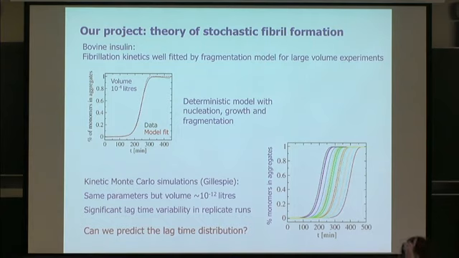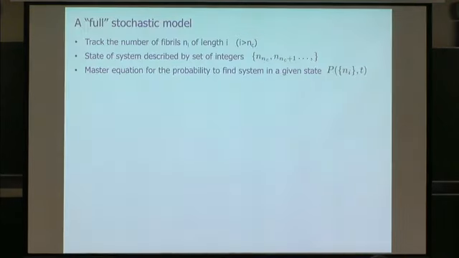So the question then is, can we predict the distribution of these lag times? So the first thing you could do is you could write down a stochastic version of the full model. So we could say, well, let's track the number of fibrils n_i of length i. And so the state of the system should be described by all of these integers, which are the numbers of fibrils of different lengths. And we could write a master equation for the probability of being in a particular system state.